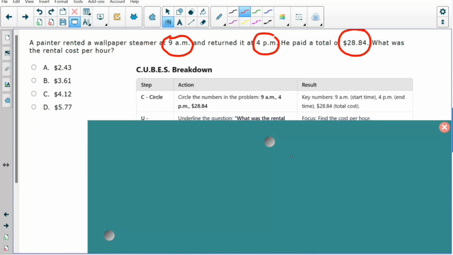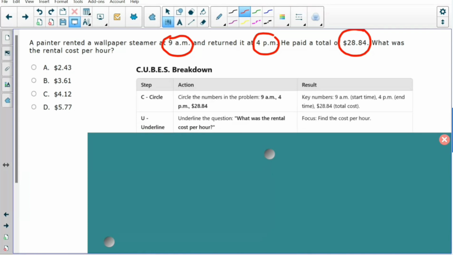Then I will move on to my U, which states I should underline the question. So we will go through the word problem again. What is the question in this problem? What was the rental cost per hour? This means I am focusing on finding the cost per hour. All right.